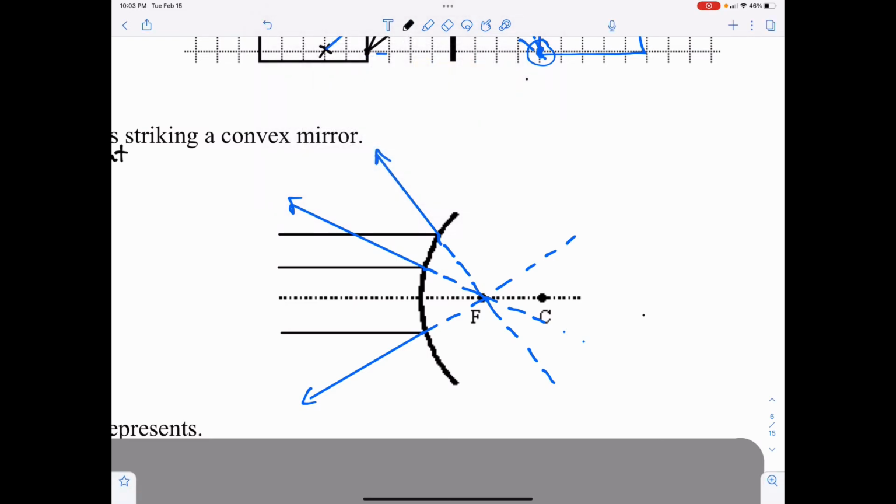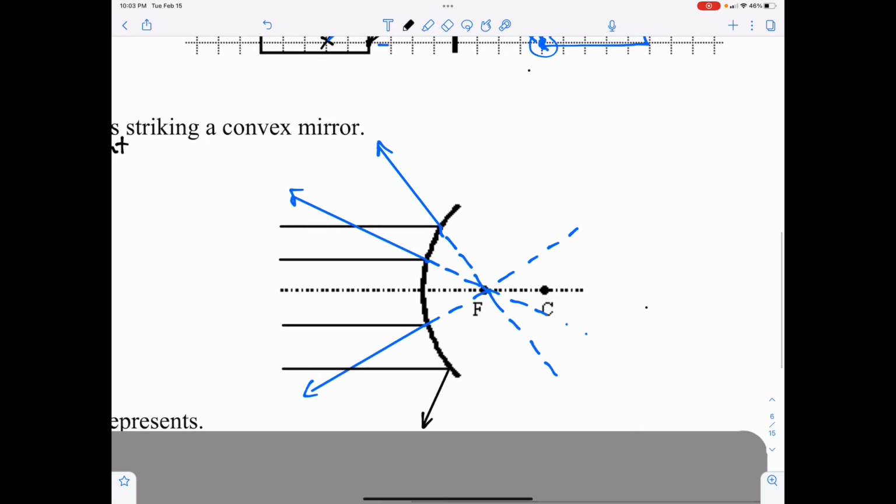And just do one more. If I have a parallel ray coming in like this, it would reflect off of that mirror at a really steep angle, such that the back ray comes in through the focal point like this.